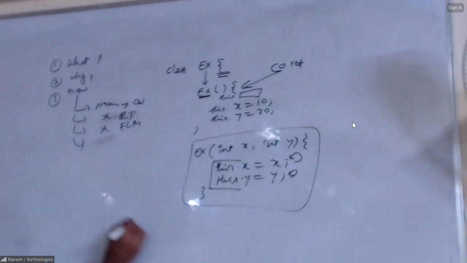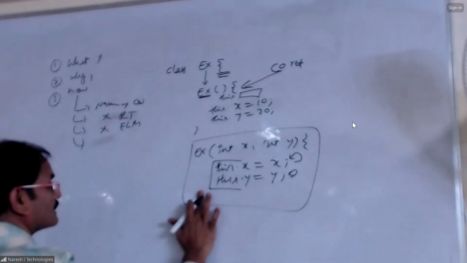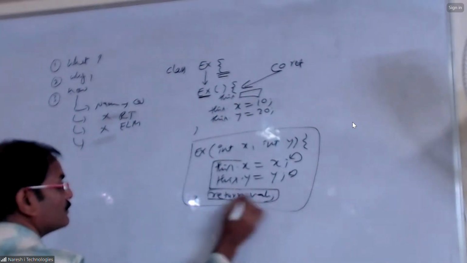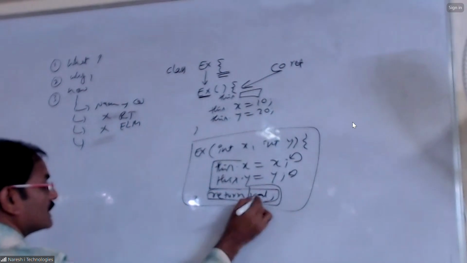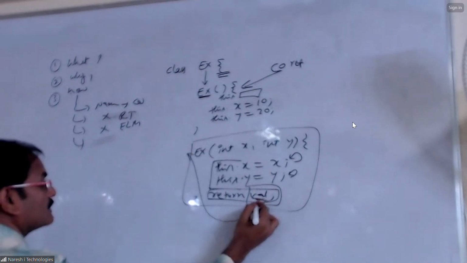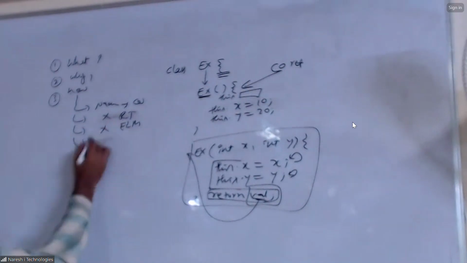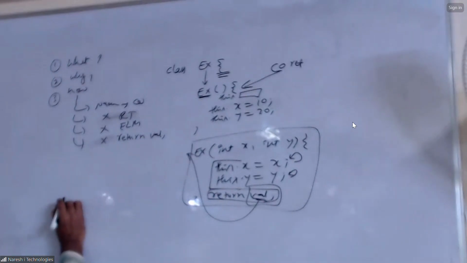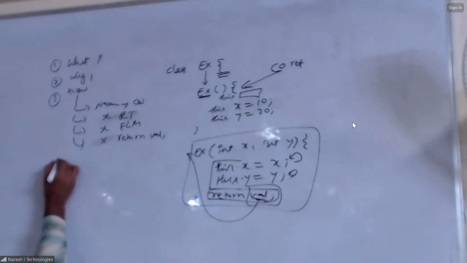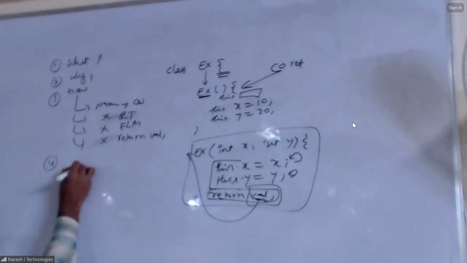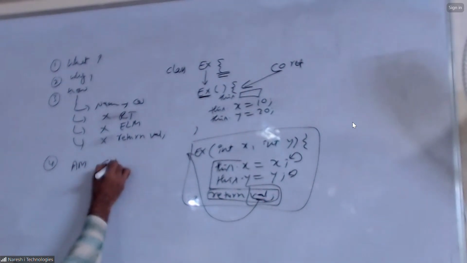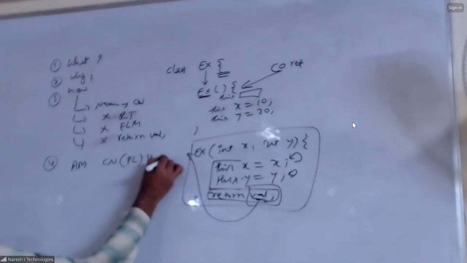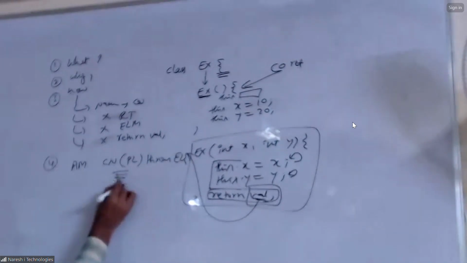Next, as part of the constructor body logic, I must not place return value semicolon, because if you write a value, it should have a return type matching that value. A constructor cannot have a return type, so it must not have return value semicolon. These are the rules we have to follow. The syntax is: accessibility modifier, class name, parameter list, throws exception list, and then the logic.